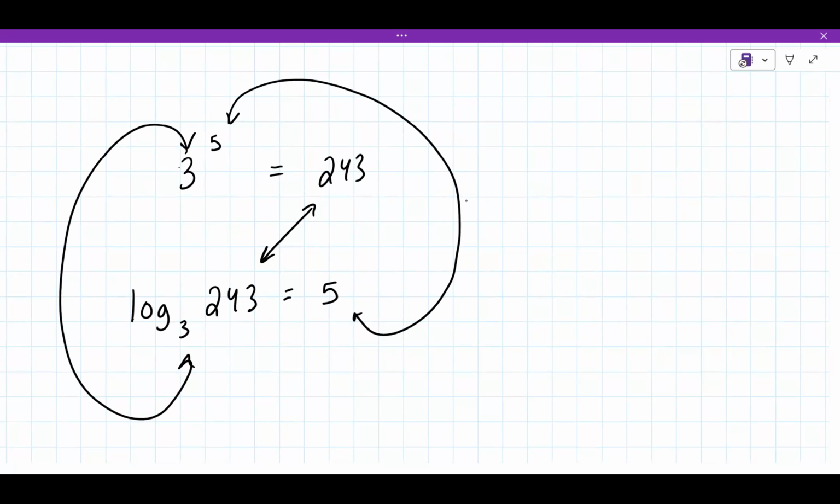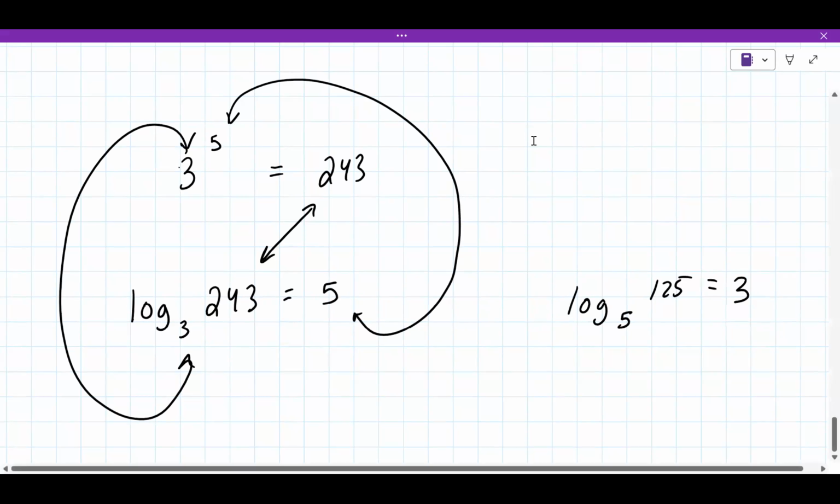Okay, and so if I were to give you a problem like log base 5 of 125 equals 3, could you tell me the exponent form? Like what goes up here to match what's here? Basically, I'm asking you to rewrite it, going backwards from this one on the right.